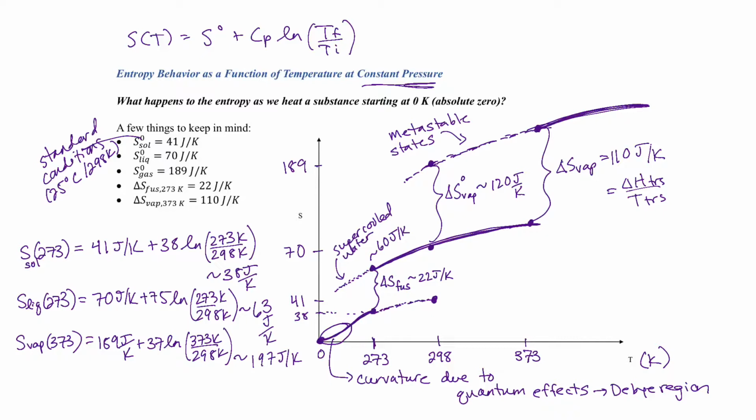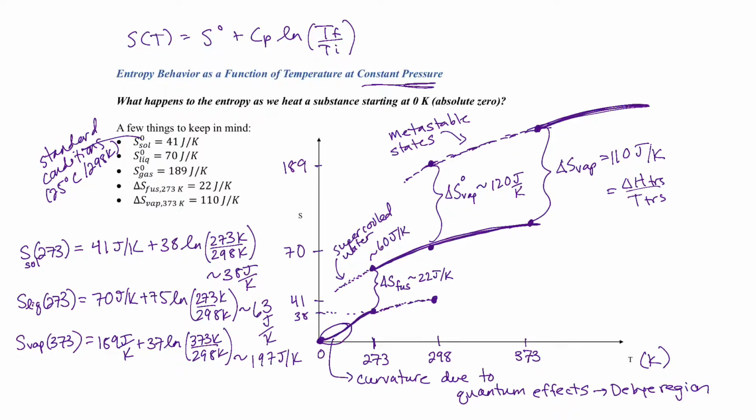So we have our set of calculations that we can do. Remember, this is the equation that you use whenever you want to calculate an entropy at a non-standard state. Remember that little indicator, that naught symbol, is for 25 degrees Celsius or 298 Kelvin.